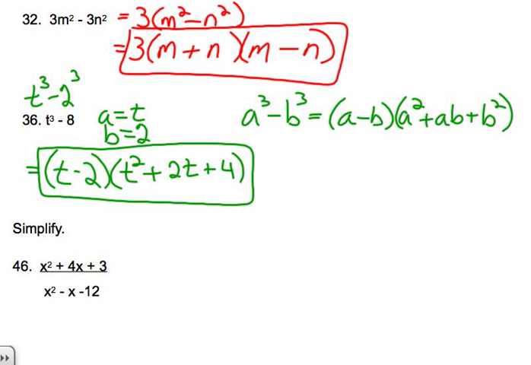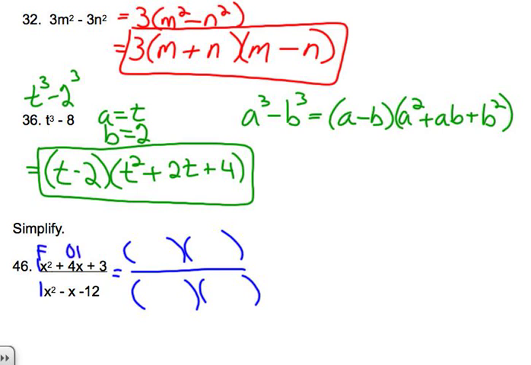Our last example looks a little bit different, and you're asked to simplify. So what we have to do is factor the top and factor the bottom. Again, these are going to be easier to factor because your leading coefficient is a 1. So this came from the F, OI, and then L of FOIL. So to get x squared, it would have to be x times x. Factors of 3 that add up to 4 are 3 and 1.